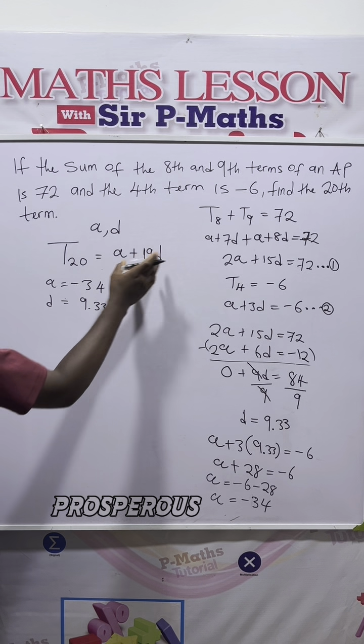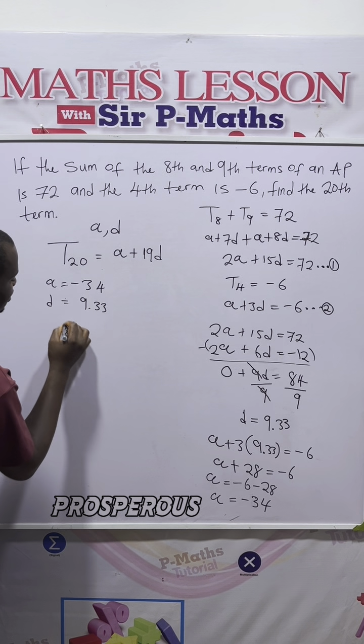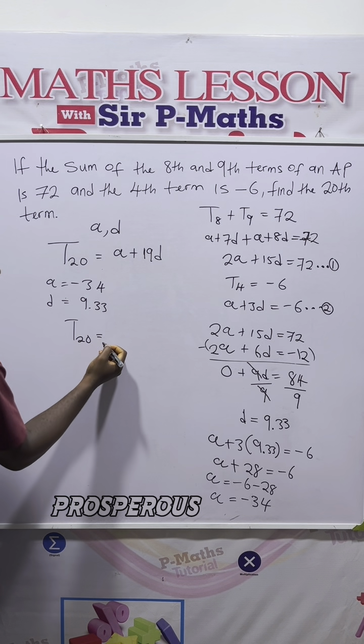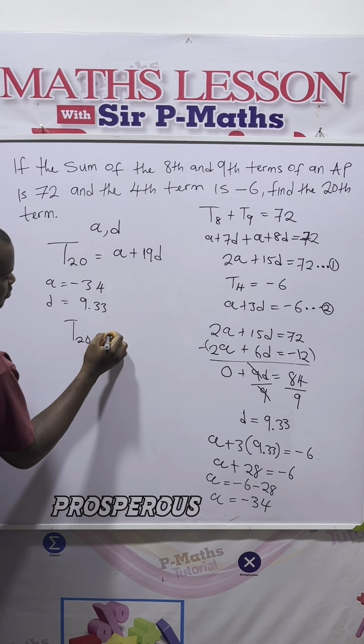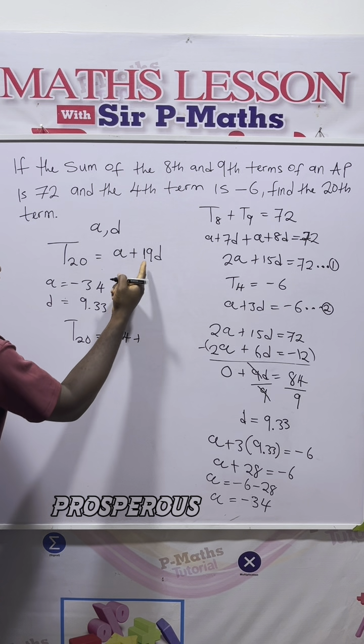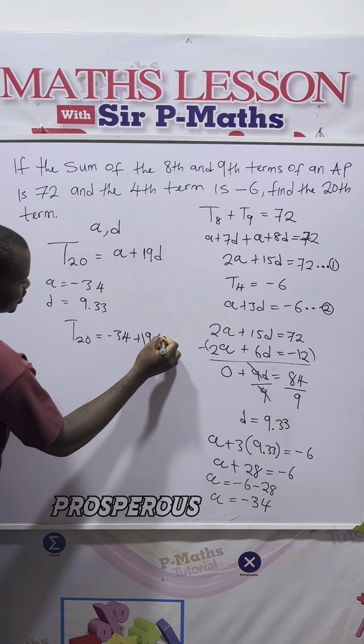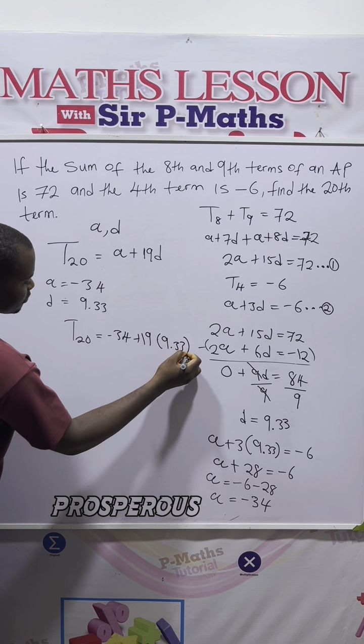So let's get the 20th term. The 20th term, T20, becomes the first term, which is -34, plus 19 times 9.33.